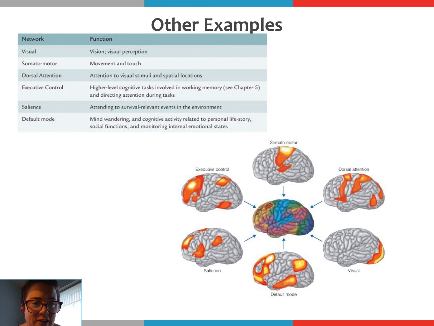So what that suggests is that for most human cognition, rather than talking about a singular area of the brain as being the neural substrate or area of neural representation, we're going to have to talk about multiple areas of the brain acting together or acting in concert.